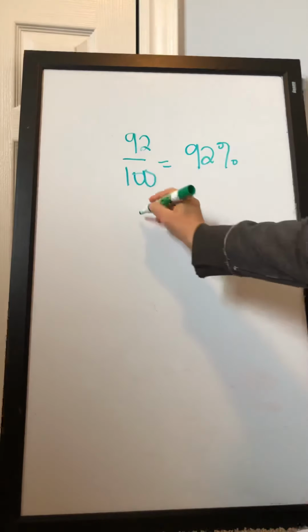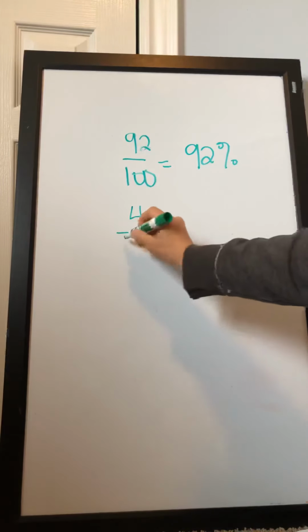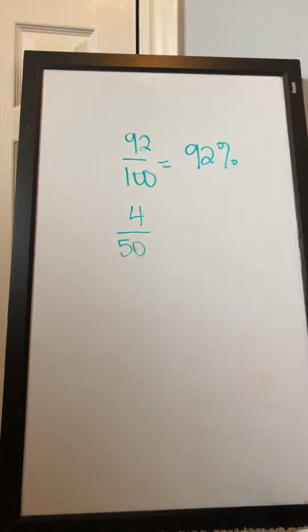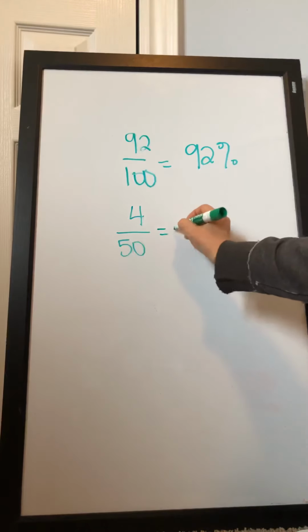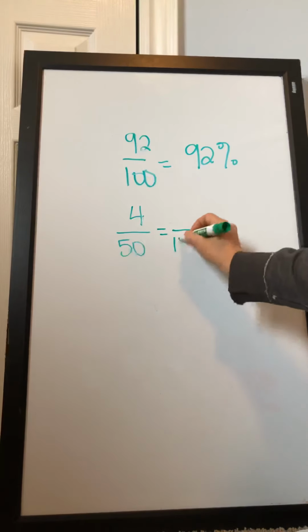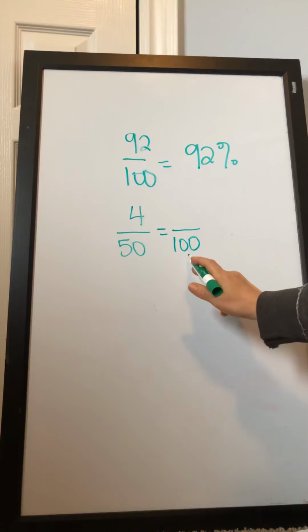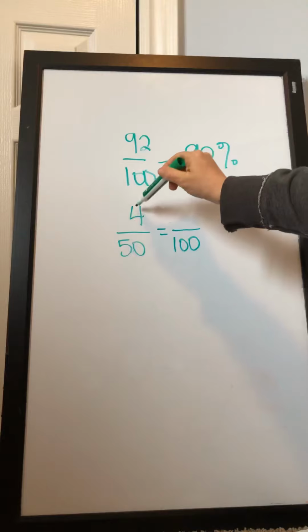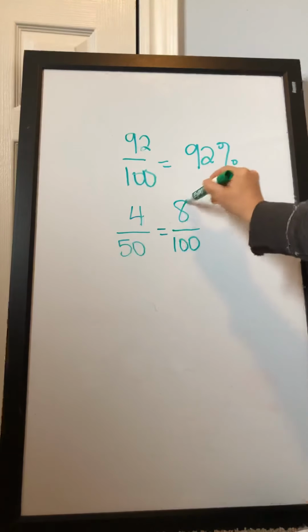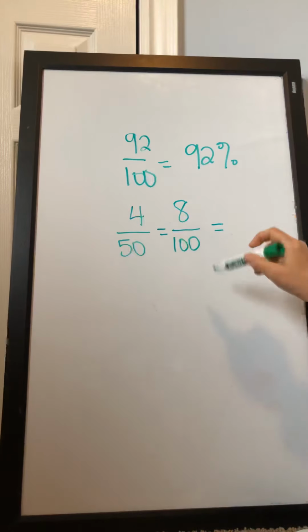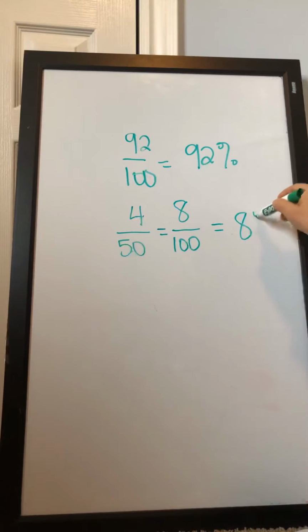But sometimes it doesn't have a denominator of 100, and we have to do some calculations first. For example, if I had 4 over 50, 50 is not a denominator of 100, but I know pretty easily that if I multiplied 50 by 2, I'd get 100. So I'm going to create an equivalent fraction with a denominator of 100. So I multiplied the 50 by 2 to get to 100, and now I'm going to multiply the 4 by 2 to get to 8, and so I also know now that that will be 8%.